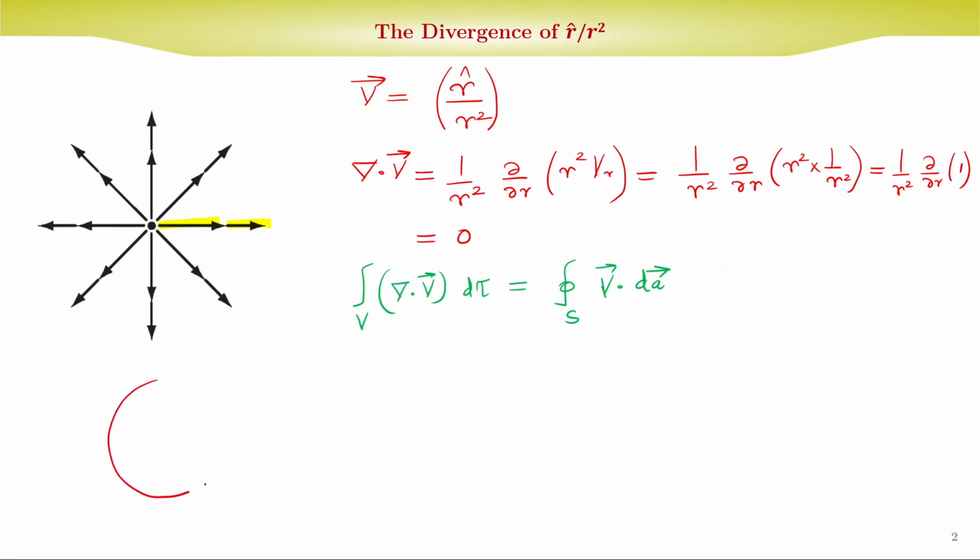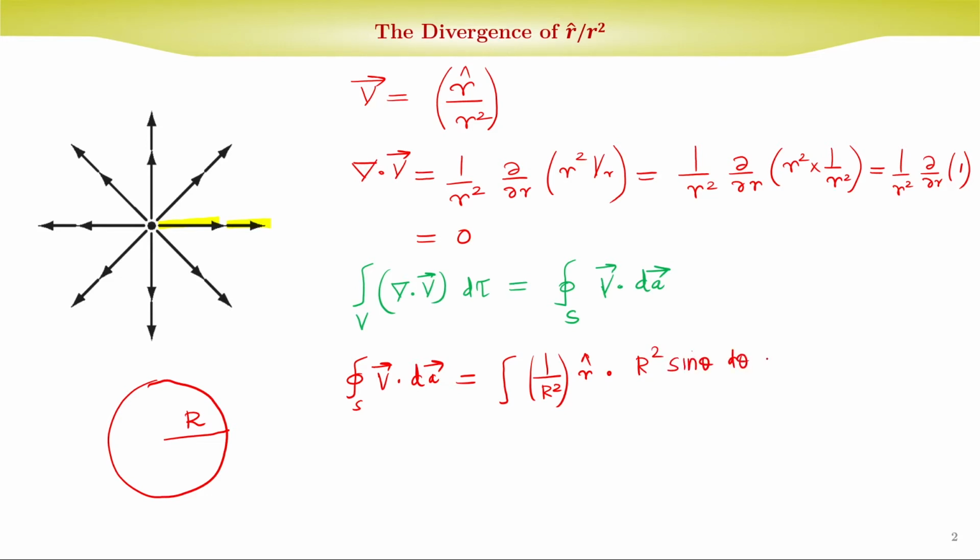Now, if you are integrating over a surface having radius r centered at the origin, then the right hand side of this equation is the surface integral of v dot dA, which is equal to the integral of 1 over r square r hat dot r square sine theta d theta d phi times r hat.